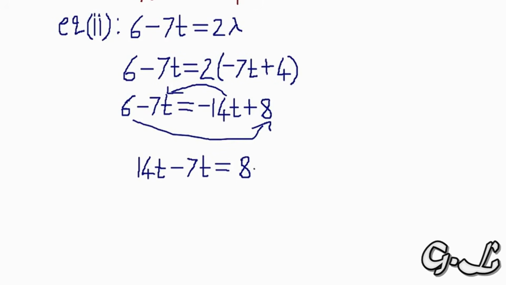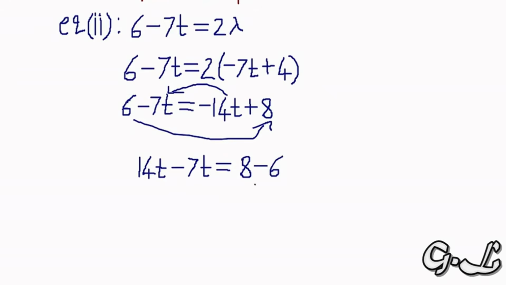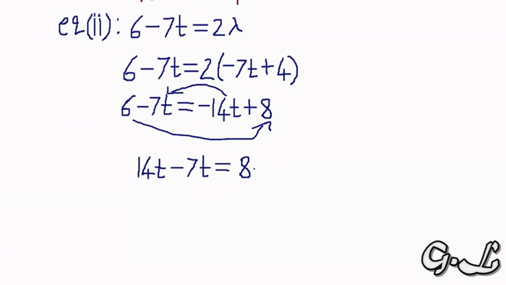You're going to take negative 14t to the other side, and 6 is going to go to the other side. When you take negative 14t to the other side, it is going to be positive, so it is going to be positive 14t minus 7t is equal to 8 minus 6, simply because when you take 6 to the other side, it is going to be negative.